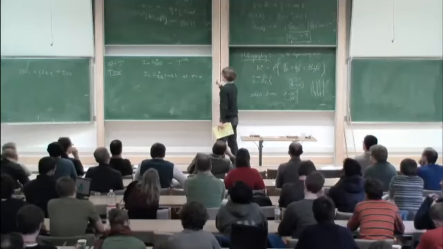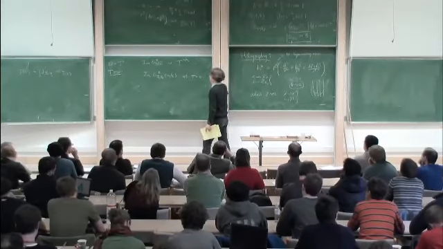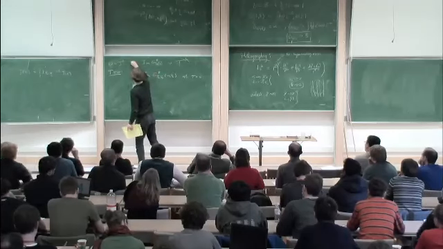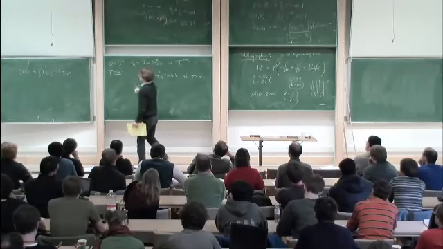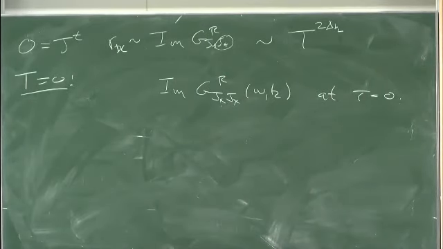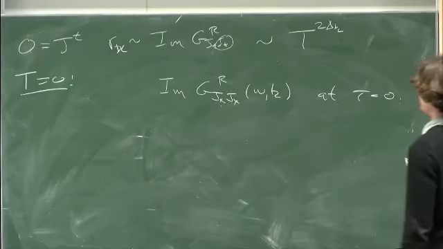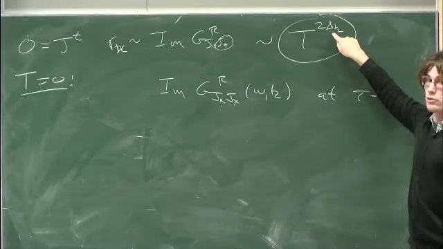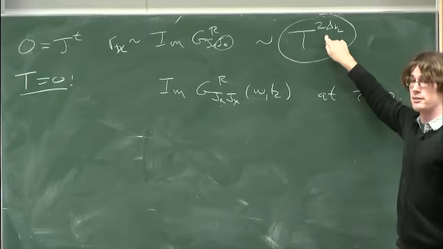By a very similar dimensional analysis argument, or you can just do the calculation, you find that the DC resistivity of a theory that has an AdS2 cross R2 near-horizon geometry is a power law in the temperature, but the power is not a universal quantity, it depends on the lattice.